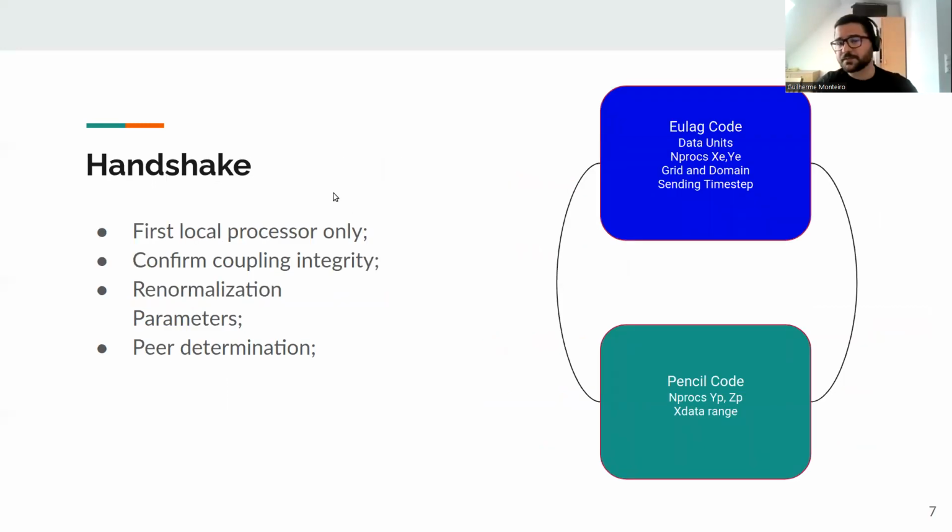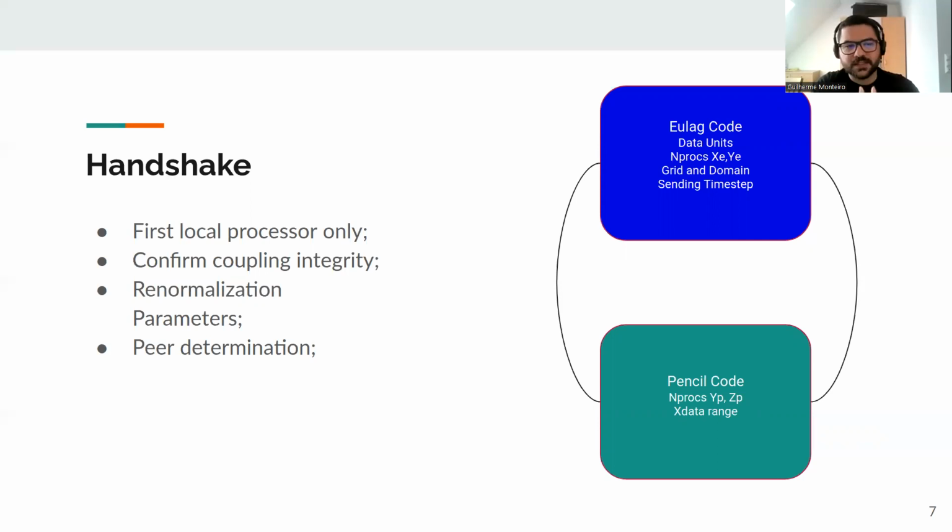During the handshake, it's important to say that to avoid waste, we use only the root processor in this case. Normally, it's sufficient for most of the information that we want to share between the two codes. Once in a while, some information needs to be extended to the other processors of that code, and then we use a local broadcast simply to do so.